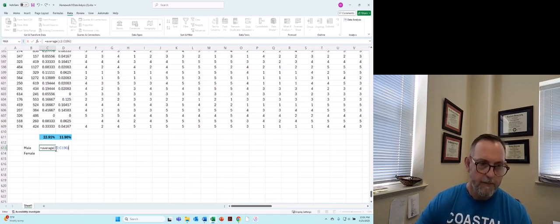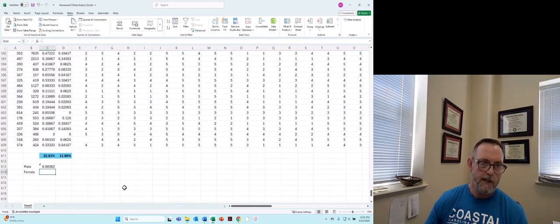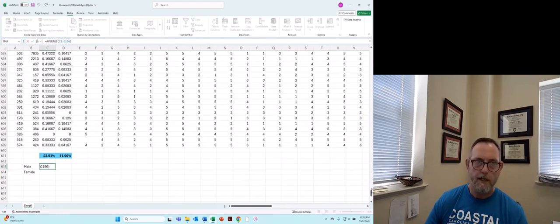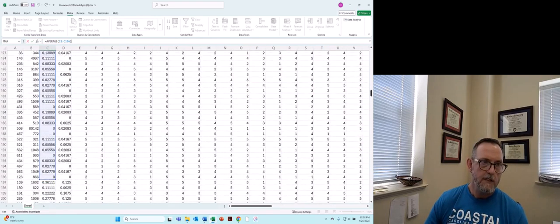I think that's what we had. And that should look about right. Okay, so if we did this accurately, we're taking the average of this column from C2 to C196 right there.